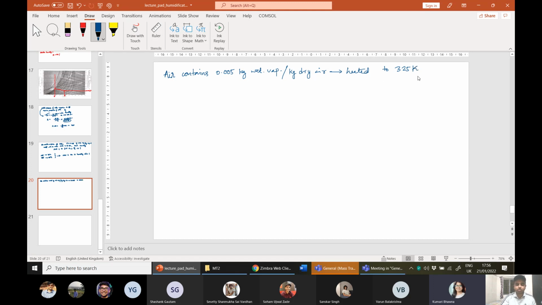Right? You can also write down the corresponding centigrade value, so that is around 52 degrees, right? It is heated to this 52 degrees in a dryer.